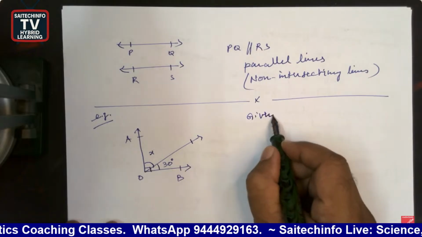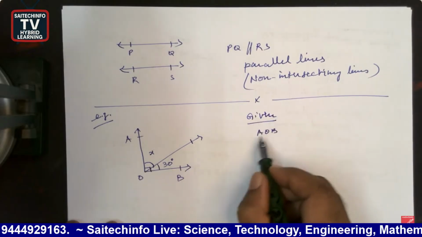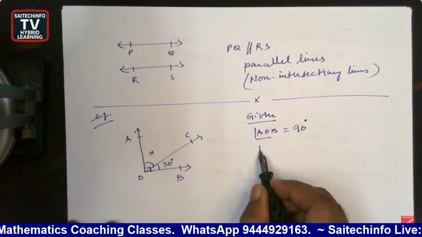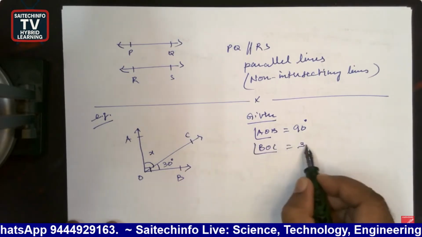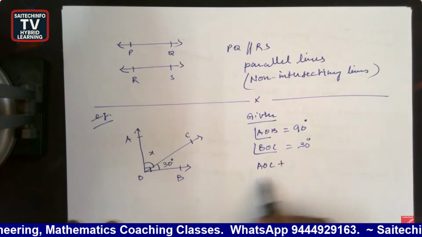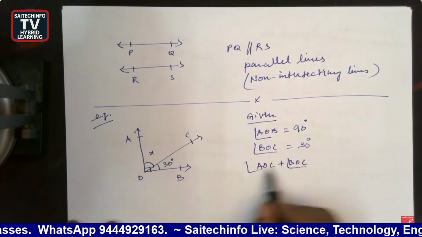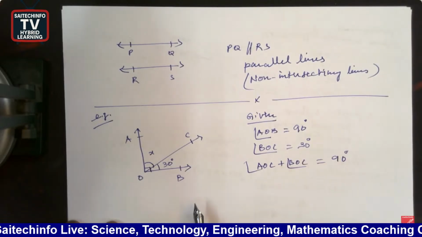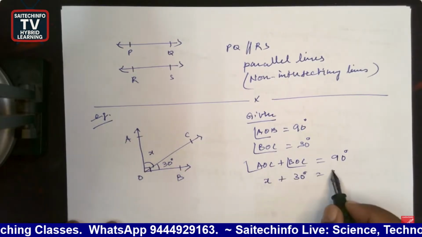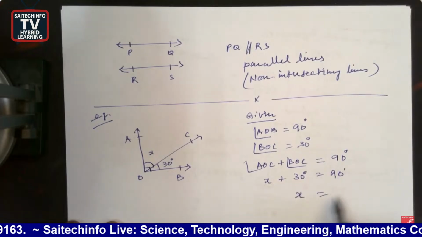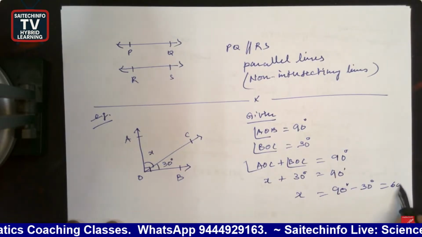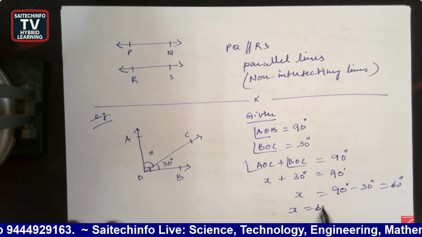So given AOB is equal to 90 degree and BOC is equal to 30 degree. We know AOC plus BOC is equal to 90 degree. So what is AOC? X. What is BOC? 30 degree. Therefore we can find out the remaining. So plus 30 becomes minus. So 90 degree minus 30 degree is equal to 60 degree. So we can declare X as 60 degree. Okay.